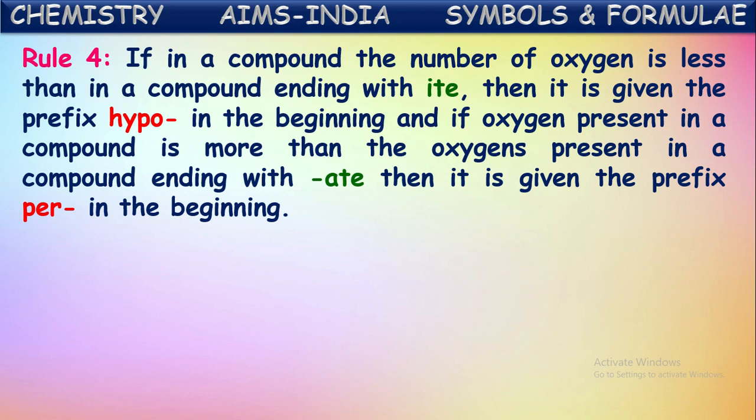If a compound exists with fewer oxygen atoms than the compound with "ite", then it is given the prefix hypo. And if there exists a compound with more oxygen atoms than that in "ate", then it is given the prefix per. Let us try to understand this with an example.